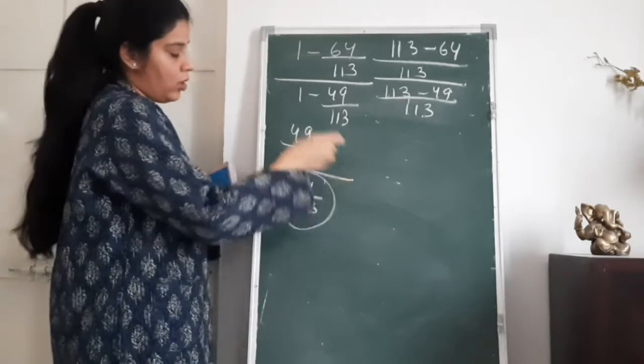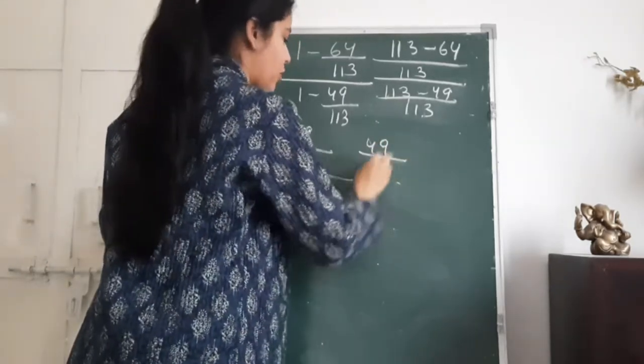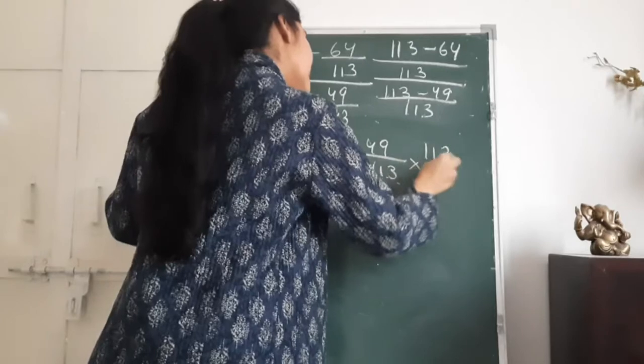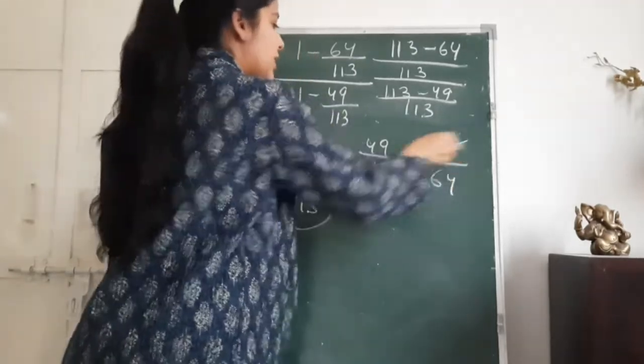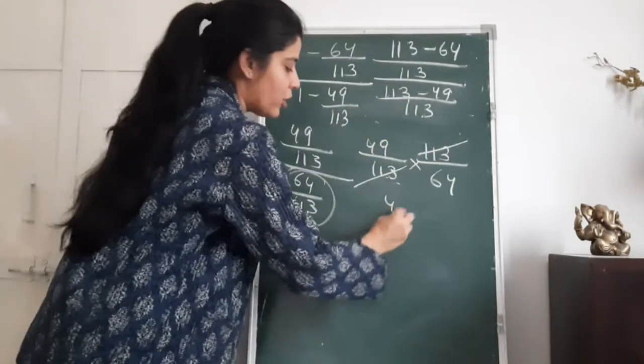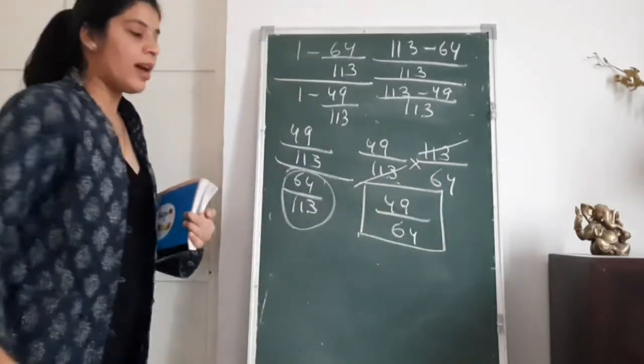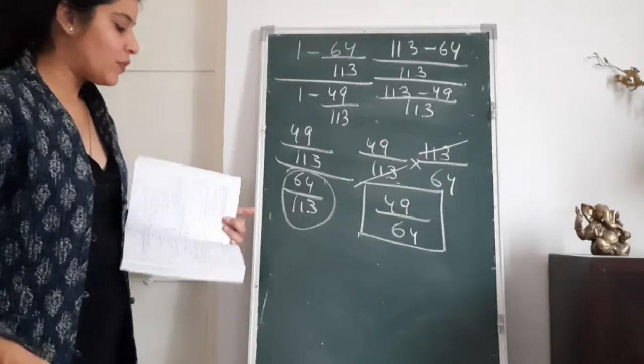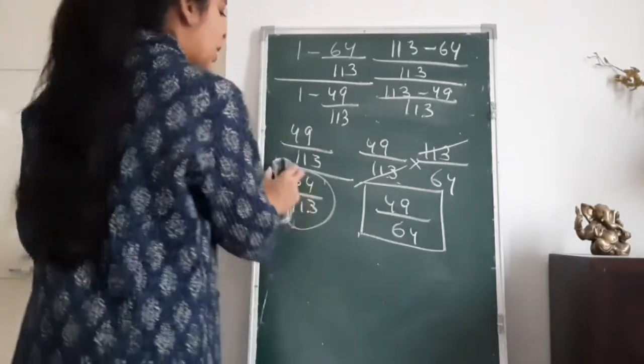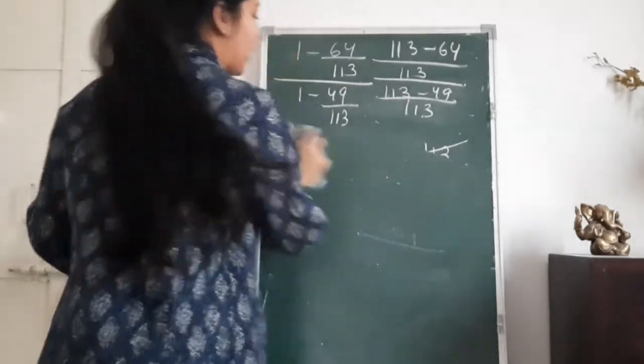Okay, this whole will go up, so that will give me 49 upon 113 into 113 upon 64. This gets cancelled, and what do I have? 49 upon 64. This is your answer to the first part of this question. Let's move on to the second part.